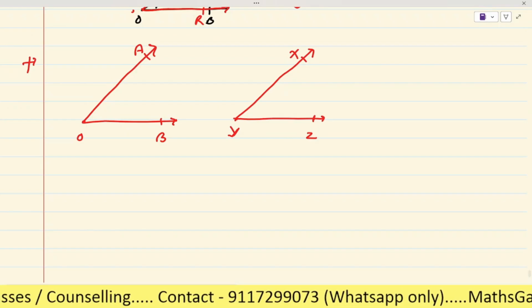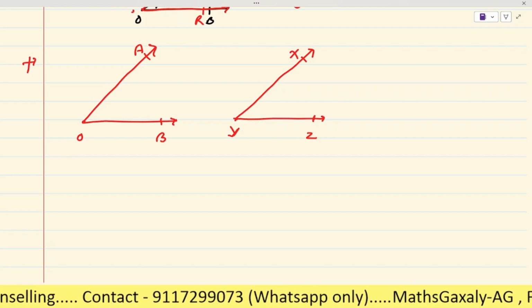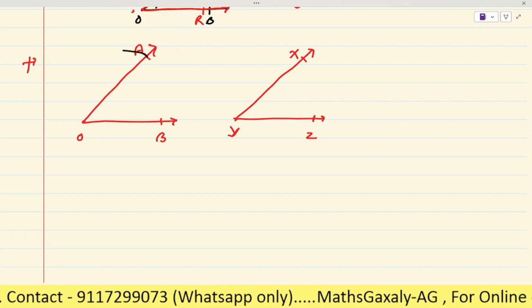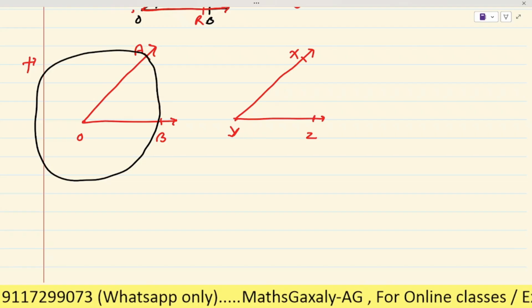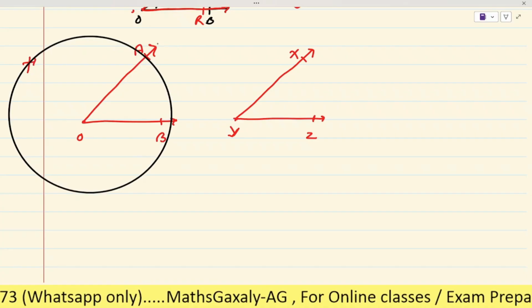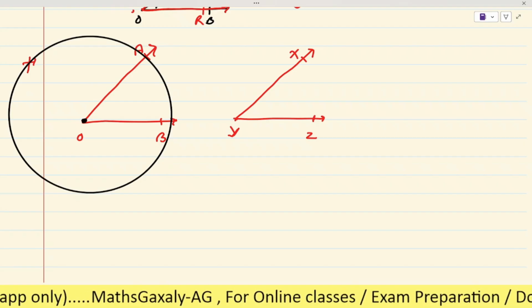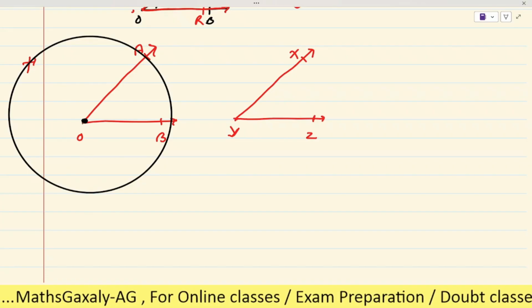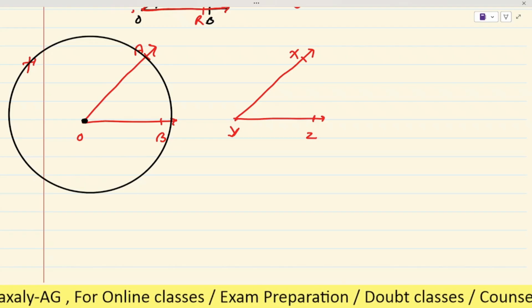The circle is placed in such a way that its center is on the vertex of the angle. It will be like this. Here is the center of the circle, and the vertex is the same point.